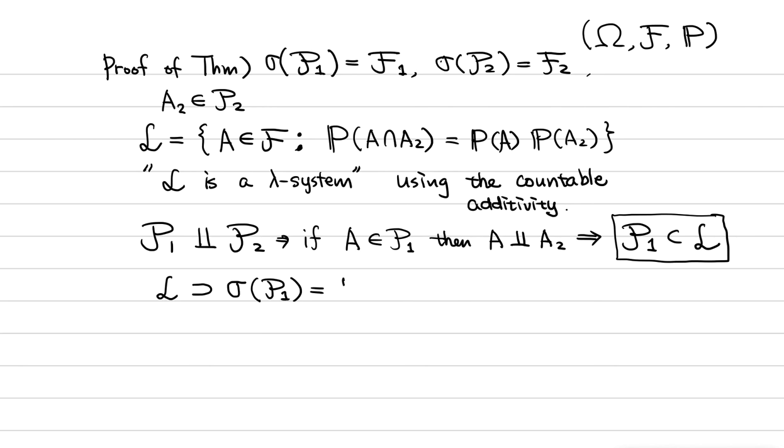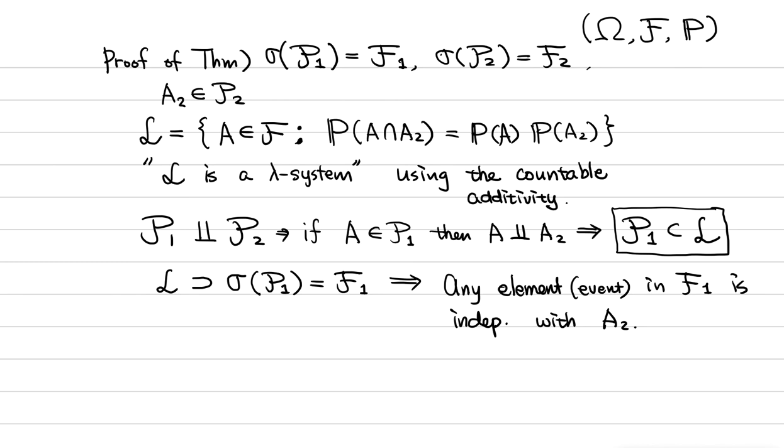So it contains curly F1, which means that any element in curly F1 is independent with A2. And A2 was an arbitrary element in curly P2, which means F1 is independent with curly P2.